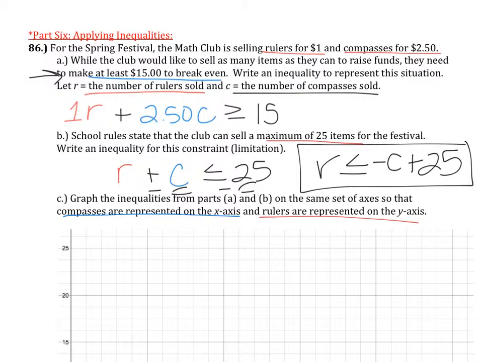So we will graph that. And then up in Part A, again, we want to get the R alone, so we're going to subtract 2.50C from both sides. So R is greater than or equal to negative 2.50C plus 15.